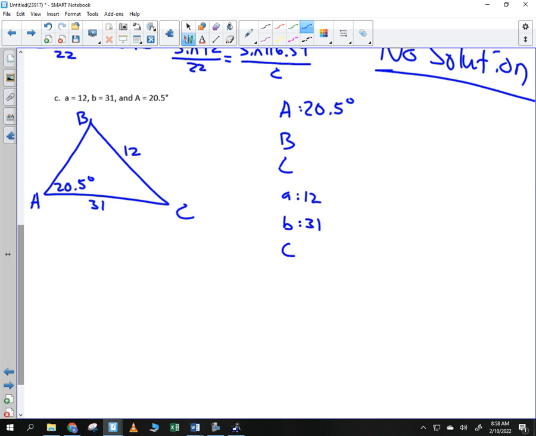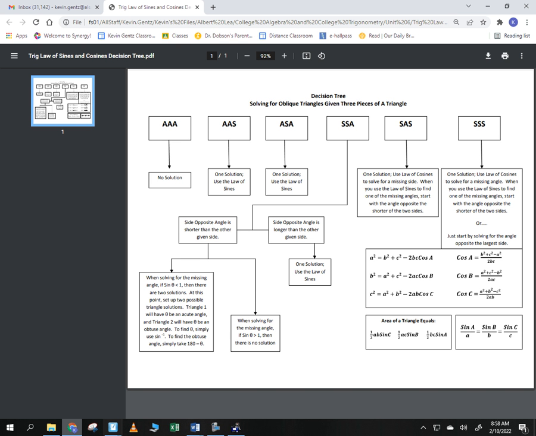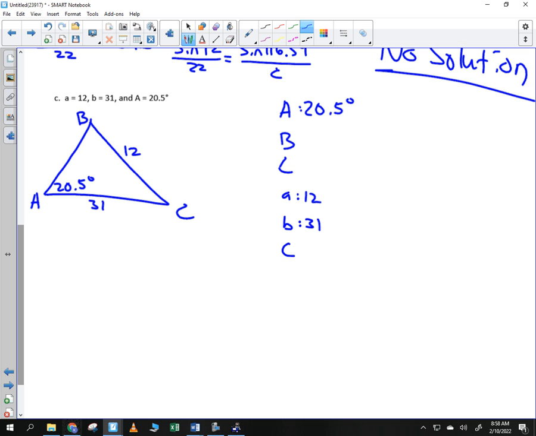Everybody agree it's a side-side angle? So I go to my decision tree. Is the side opposite the angle longer or shorter than the other given side? It's shorter, so I need to see if I have no solution or two solutions. I don't know until I set it up, so we'll set it up.